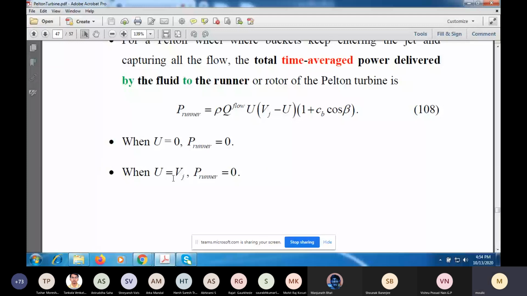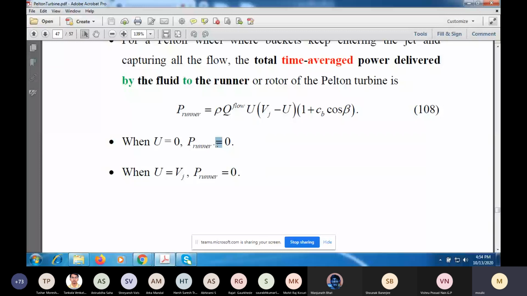Now, when U is equal to Vj, again the power is 0. In the first case, the power is 0 because the blade is not moving, so the point of application of the force is not moving. You will have to apply a force to keep U equal to 0, but if U is 0, no work is done.